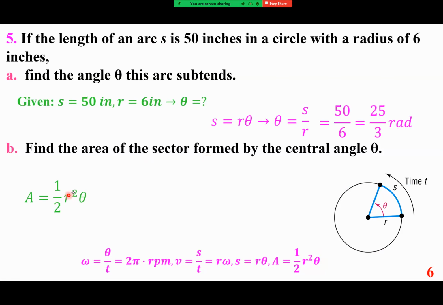Replace the R and replace the theta. You may recognize that these two and these two cancel out one of the sixes. So 6 times 25 is 150 inches squared. I don't dwell on that. I'm going to assume nobody has any problem with basic math.